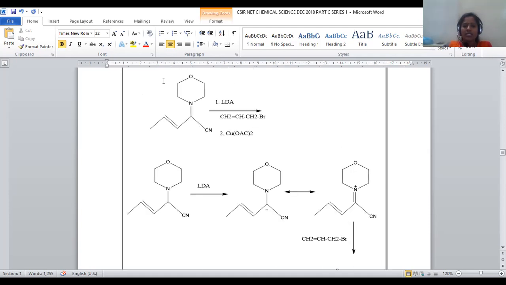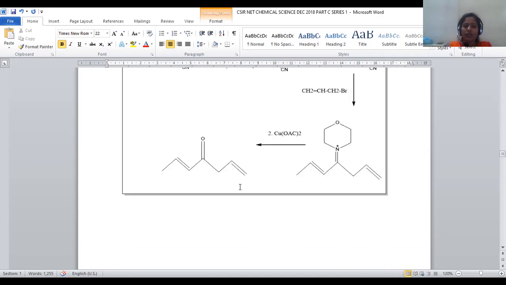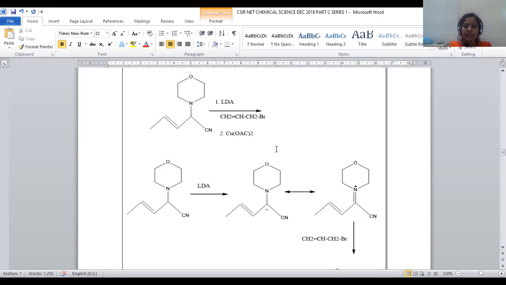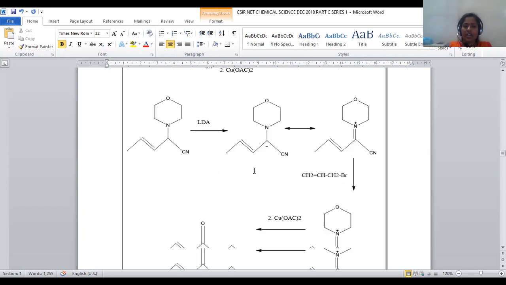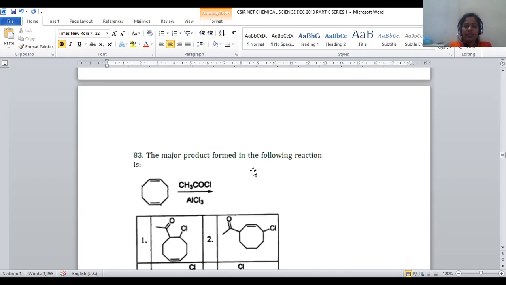In this way, the starting material with LDA generates the carbene, and treating with allyl bromide, this will be attached here. This is a kind of nucleophilic substitution again, and further hydrolysis reaction of this double bond, so that the carbonyl compound is generated. This is about the entire process of the reaction sequence in this organic reaction mechanism, right?